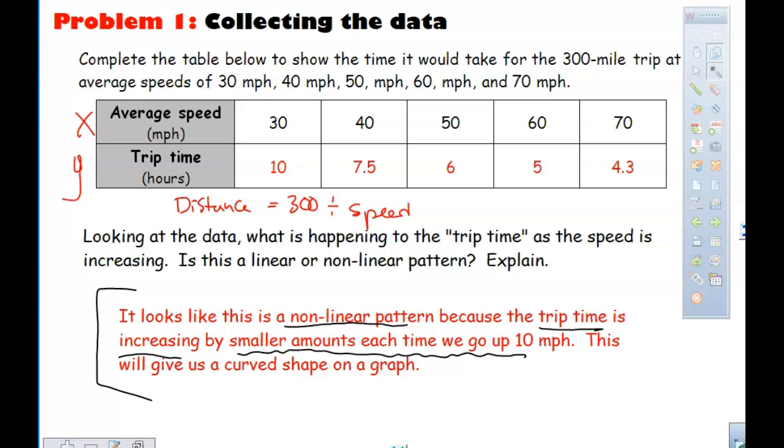So at the bottom of page 21, as you finish writing this, we are going to be taking a look at modeling this. Please put the word speed and miles per hour on your x-axis on that graph on the bottom of this page. Please put the time in hours on your y-axis.